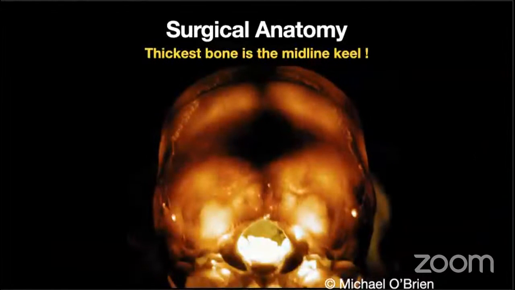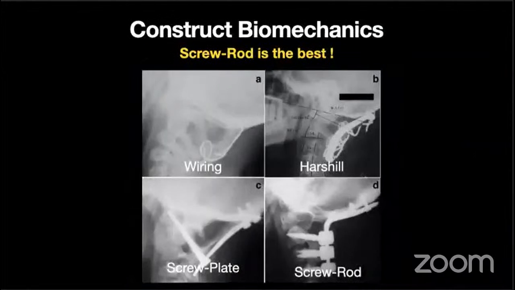If you shine a light inside a skull, you will see that the thickest part of the occiput is at the EOP and along the midline keel. The screws ideally have to be placed in an area that corresponds to an inverted triangle whose base is just below the EOP.